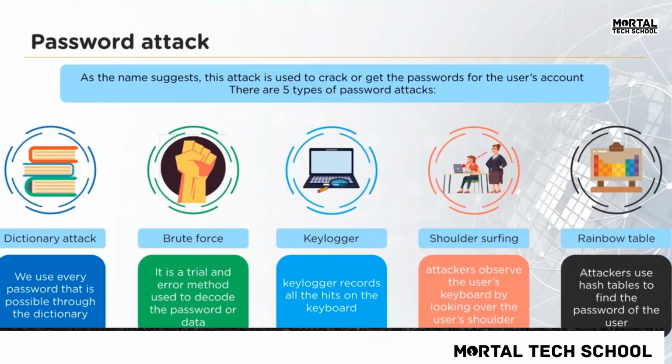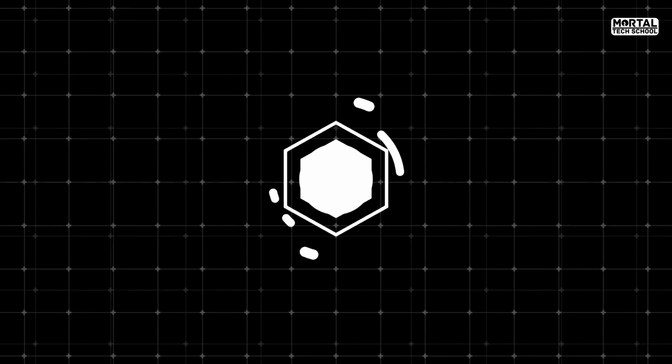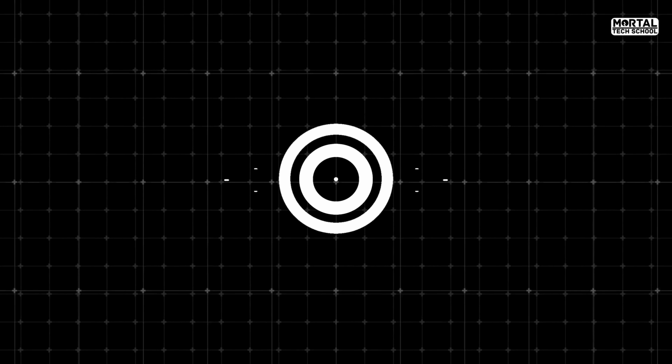Here, we do not have the word, but we have the hash value. So to reverse engineer that hash value, we created a rainbow table where there would be a list of all the possible passwords and their corresponding hash values. So we then compare the hash value that we have captured and then search for that hash value in the file that you have created. The hash value that matches, the corresponding word to it is the password in clear text. So these are the 5 types of password attacks.